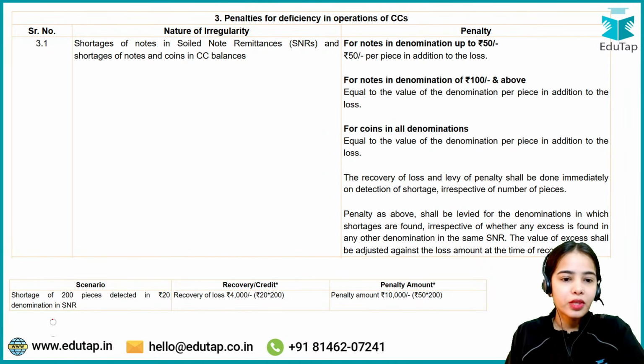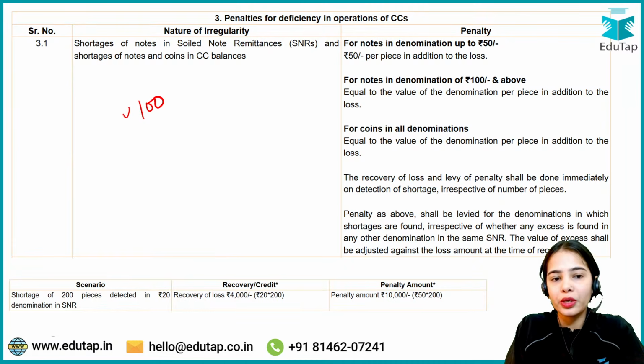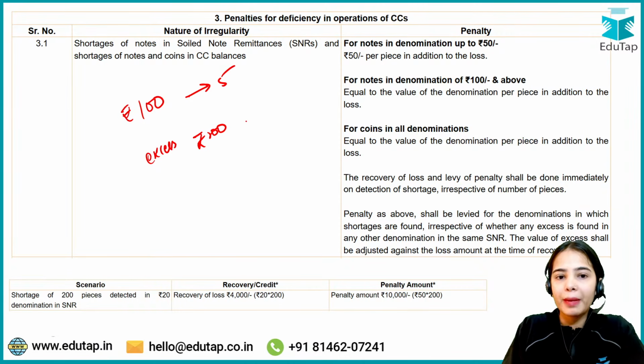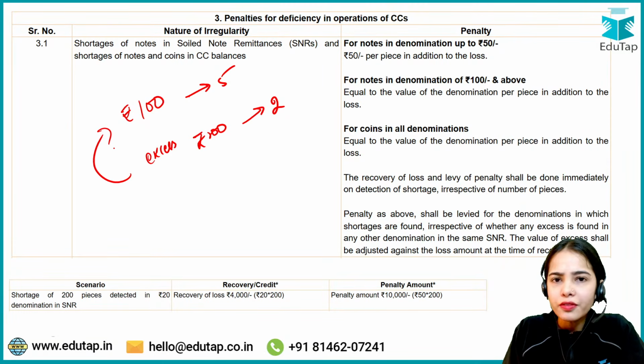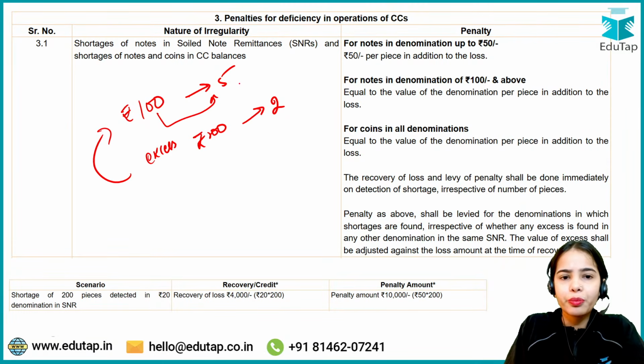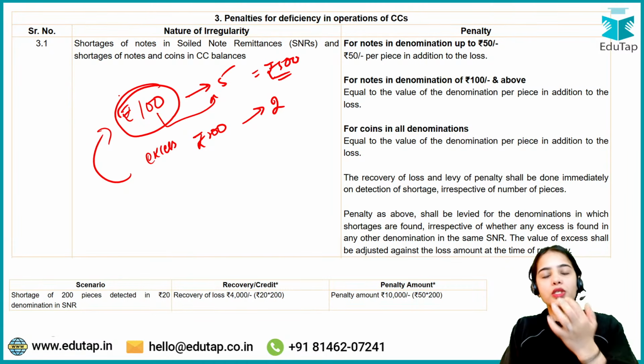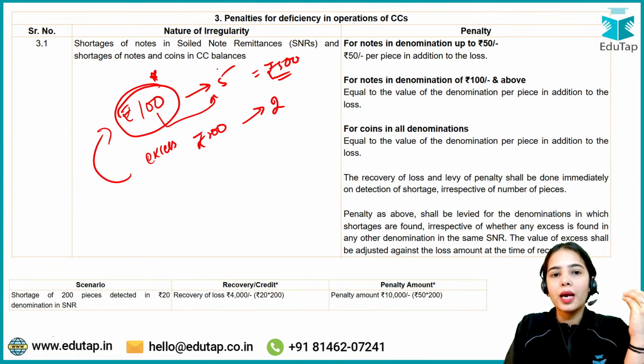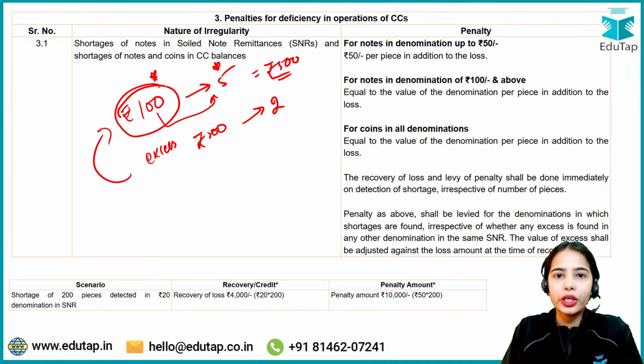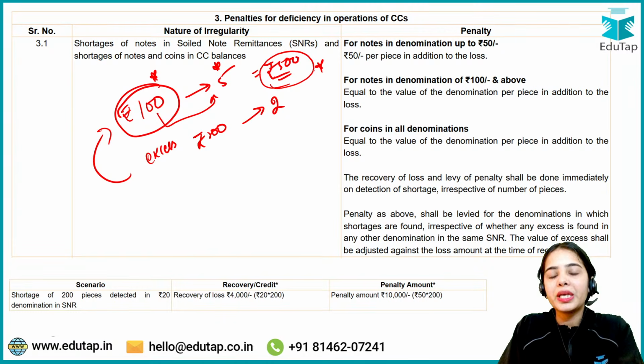Let's say that there are shortages of 100 rupee notes by 5, but there is an excess of 200 rupee notes by 2. So the loss has been recovered to some extent. 5 pieces of 100 rupee notes are in shortage, so that means 500 rupees is in shortage.